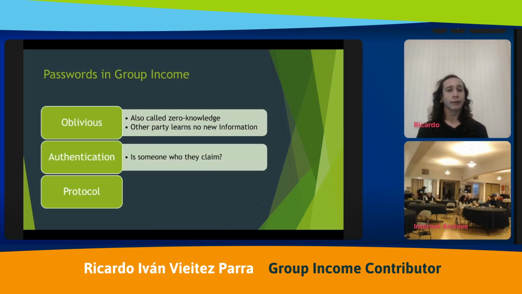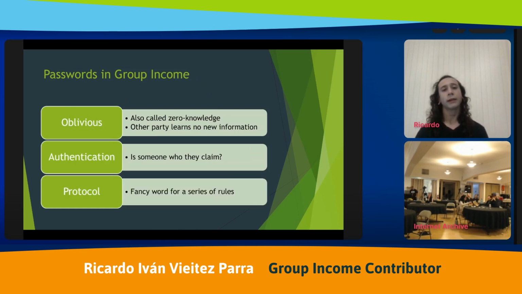Then authentication is another word that in this context means verifying that someone is who they claim to be. It's basically answering that question, so it's tying something to an identity. And protocol is also another fancy word; it's a series of rules that computers follow to talk to one another.